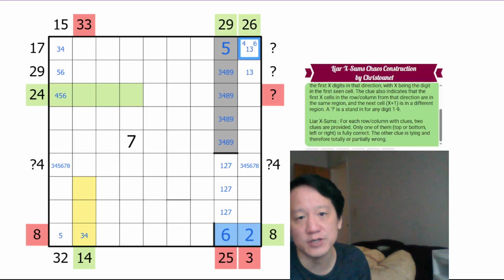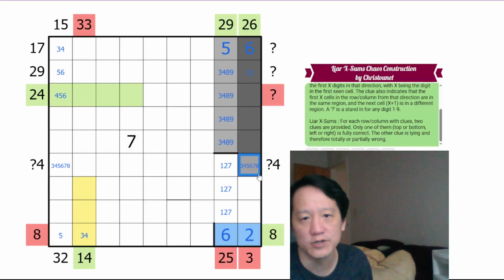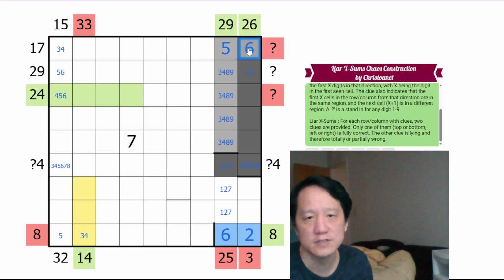So this has to be 6, size 6. It's fully in that region. It must go out this way. This is a boundary here. So this can't be 6. So this is invalid because it's 6 there. 6 digits are never going to add up to a single digit.